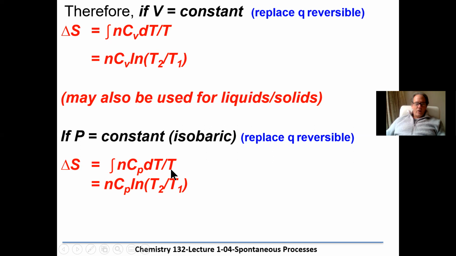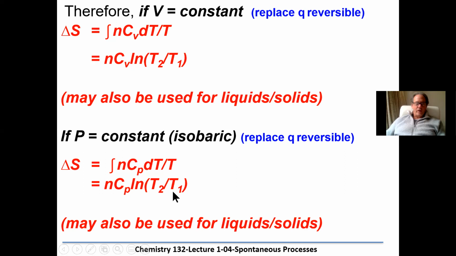Again, it's 1 over T here, so we can take that out and get the relationship, the ln of T2 over T1 times nCP. Area underneath the curve. We're going to integrate. You could use that as well for liquids or solids. So all these equations will be in your information sheet. It's important that you know where they are and how to use them.